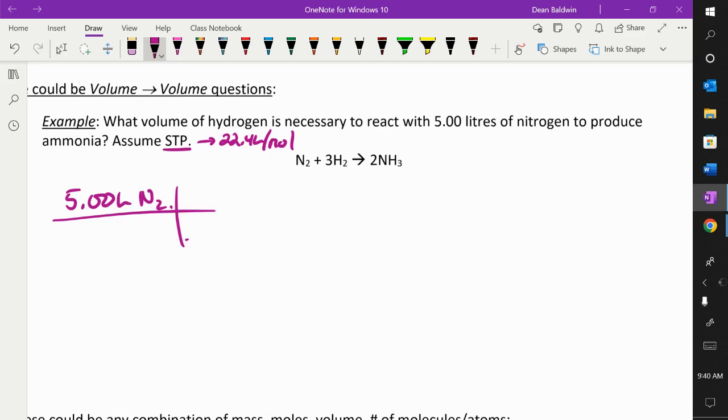What goes in the next top box? Moles, exactly. So one mole of N2 is 22.4 liters of N2. So now our liters of N2 are canceled. We have moles of N2.